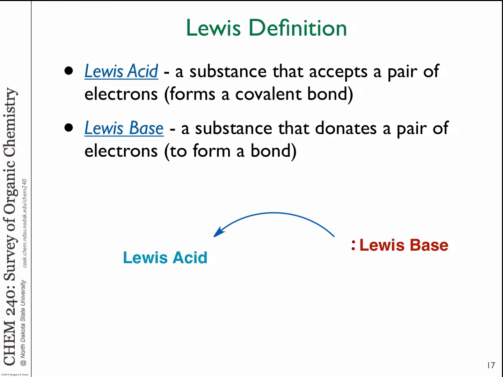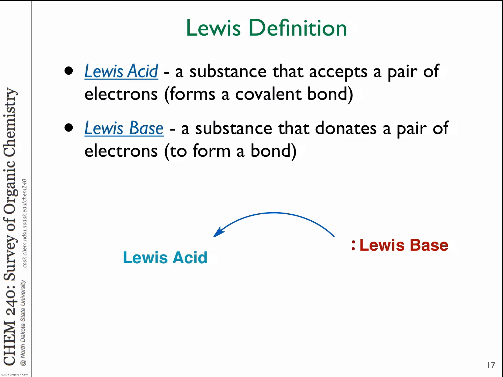In this case, Lewis defines an acid as a substance that accepts a pair of electrons. A substance which accepts a pair of electrons. So if you're a proton, a hydrogen, a proton, you accept a pair of electrons from water in HCl. And if you're the Lewis base, you're the substance that donates a pair of electrons to form the bond.